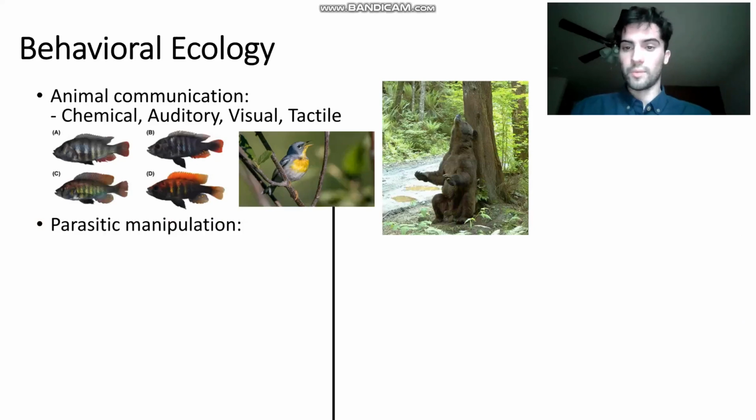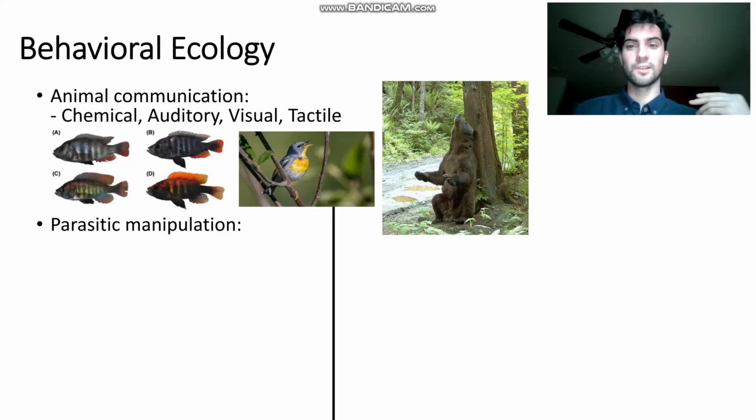Okay, so we have behavioral ecology now. So we saw that animals interact with one another, and we saw that they also interact with the environment. So it's very important for animals and plants also to communicate. So everything is in constant communication.